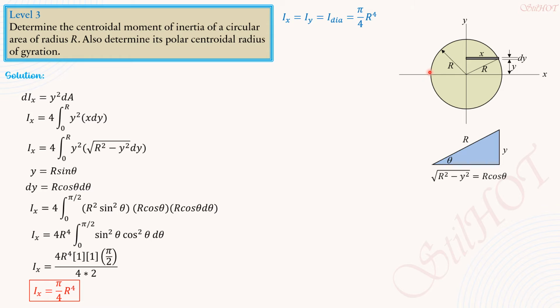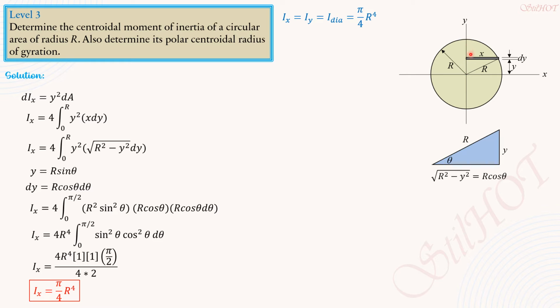So Ix for a semicircle is pi r to the fourth over 8. Iy, the moment of inertia of the upper semicircle with respect to the y-axis, is the same because we have two quarter circles.